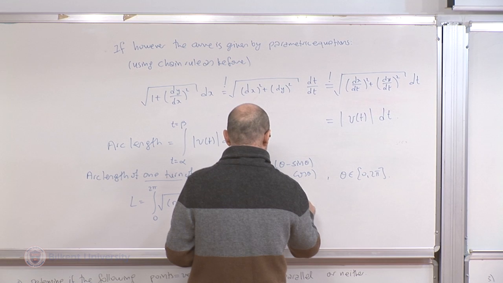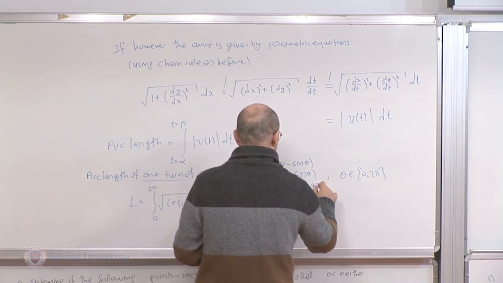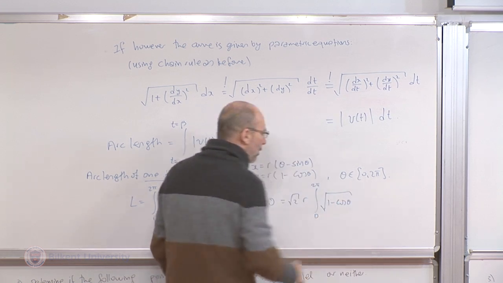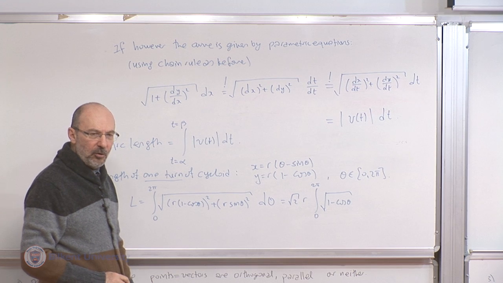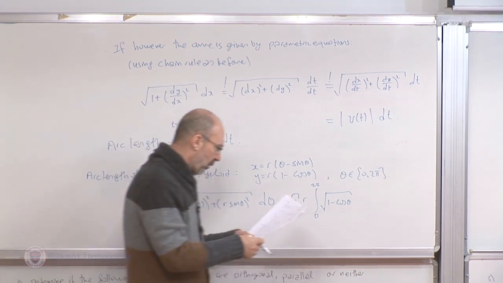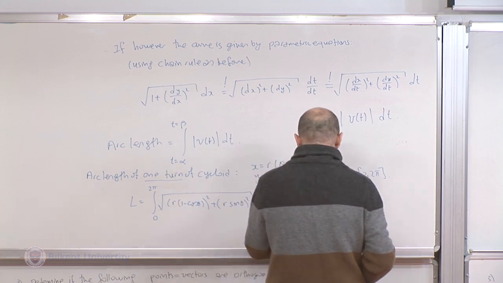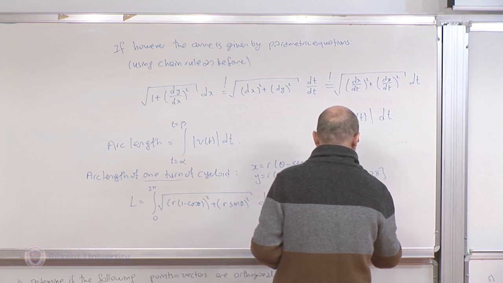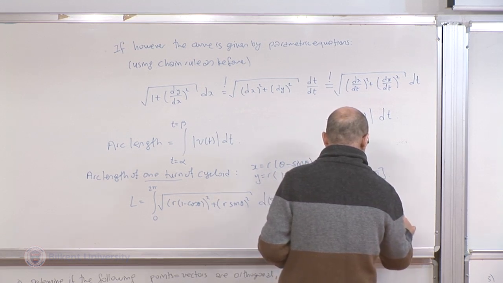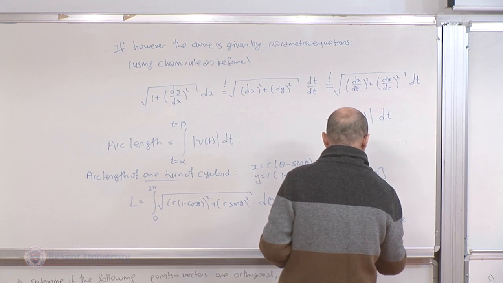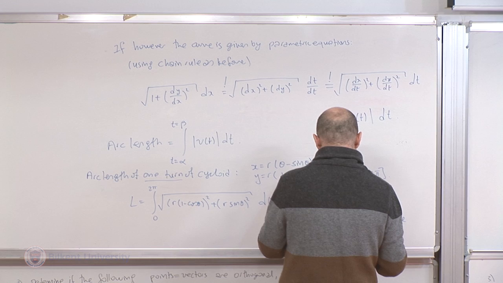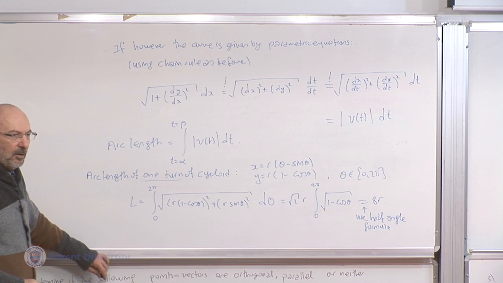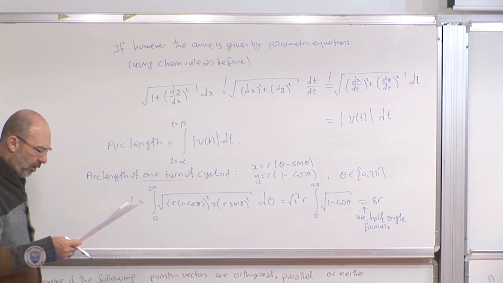Square root of 2 times r, integral from 0 to 2 pi of the square root of 1 minus cosine theta. 1 minus cosine theta is 2 times sine squared of the half angle, so you can use the half angle formula. And you get 8r. I'll skip the integration details there.